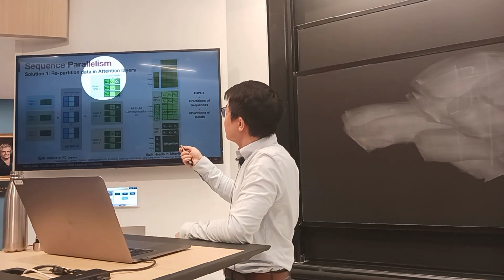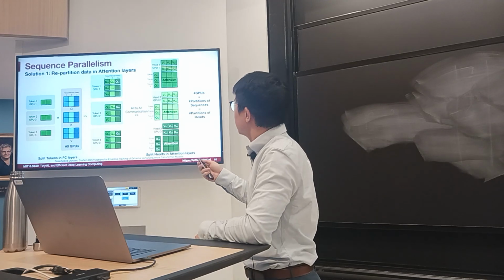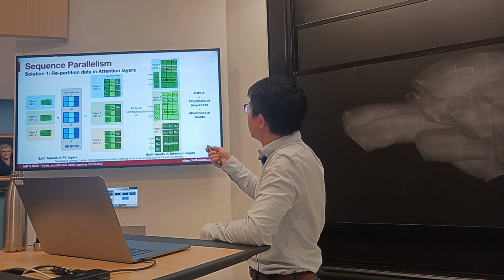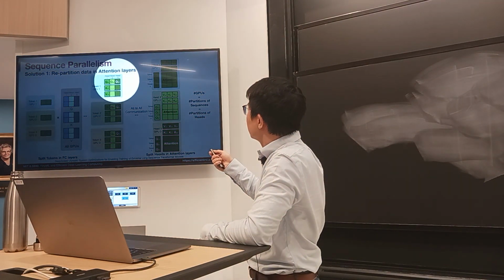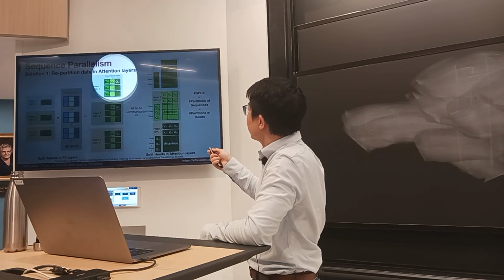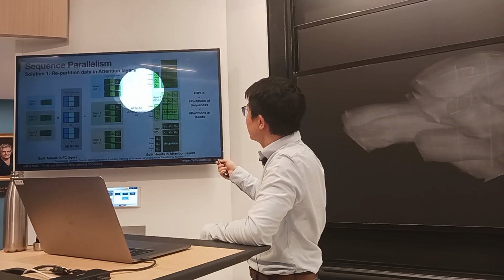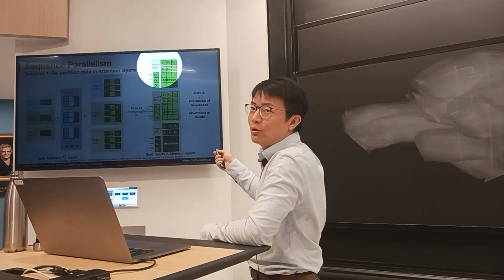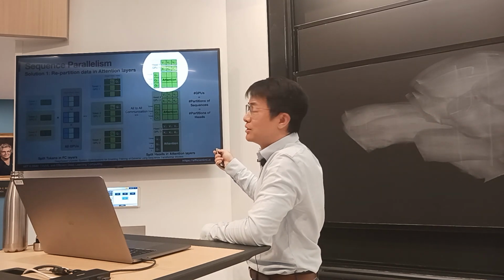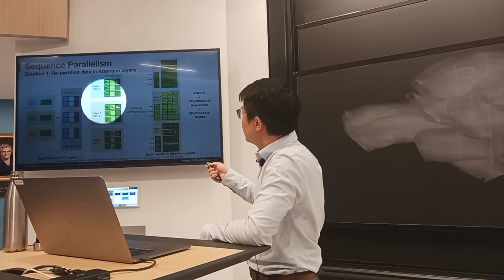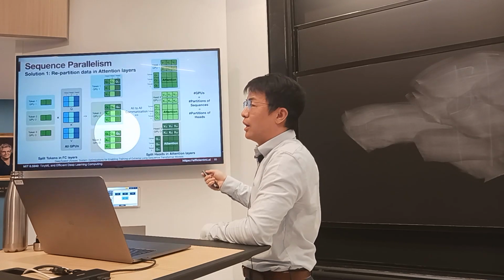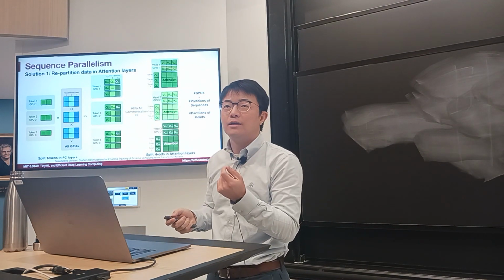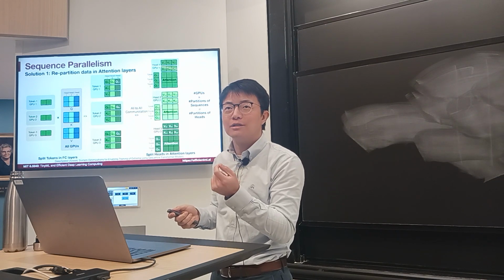So now we want to collect everything related to the dark green into the third GPU, everything related to the light green in the second GPU, everything in the, we call it normal green, in the first GPU. So each GPU is responsible for one part of the head. Now we are partitioning the head dimension.